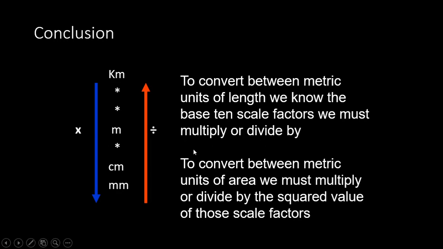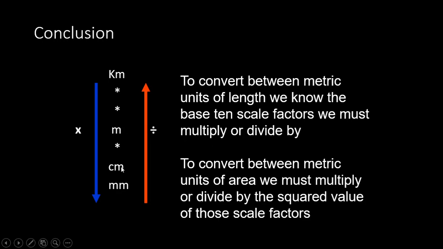So if you're converting between kilometers and meters and you know you need to multiply it by 1,000, keep in mind that to go from kilometers squared to meters squared, you need to multiply by the squared value of that scale factor. So we're not just multiplying by 1,000 now, we're multiplying by 1,000 squared, which is 1,000,000.